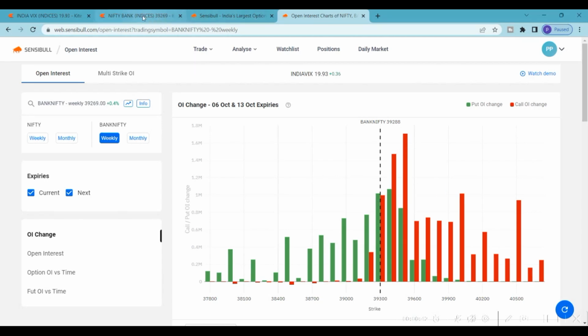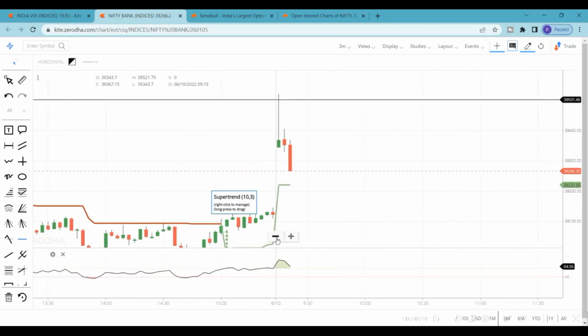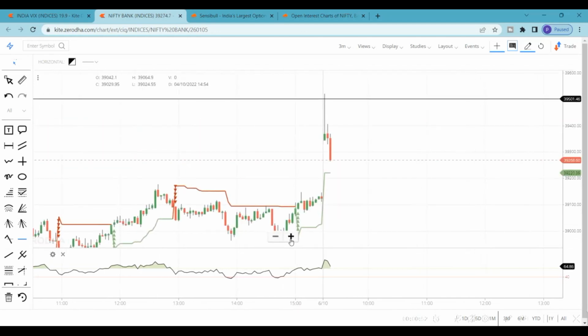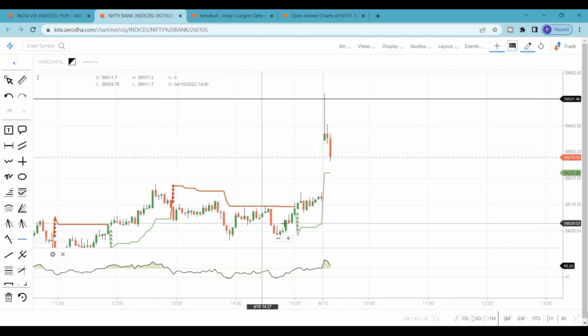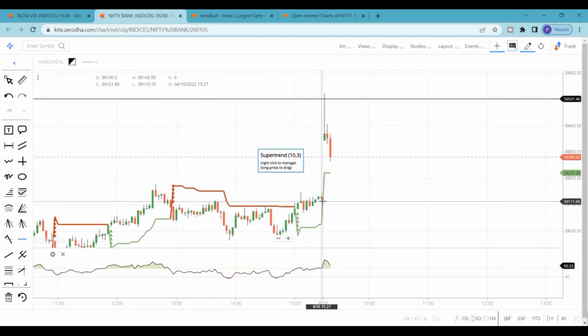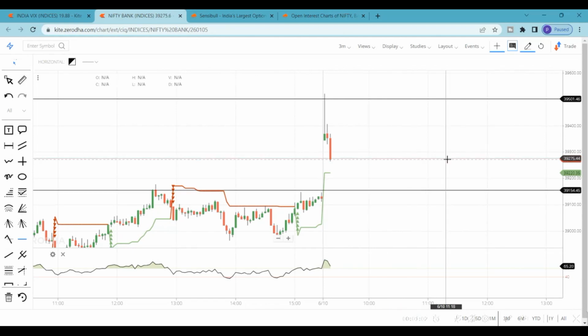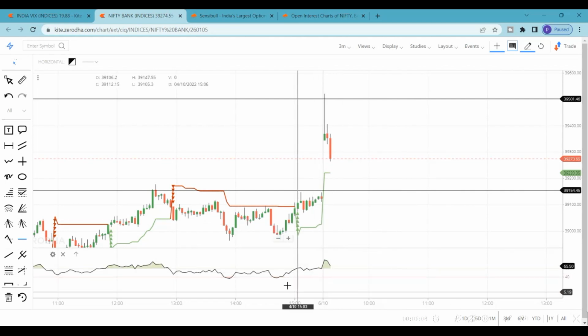There is not much open interest in the bottom part, but we can look into the price action. When you look at the price action, we can find that the previous day's close is almost the same as the high. You can see that the high and the close are at almost the same level, and we can expect very good support at this level, which is around 39,150.